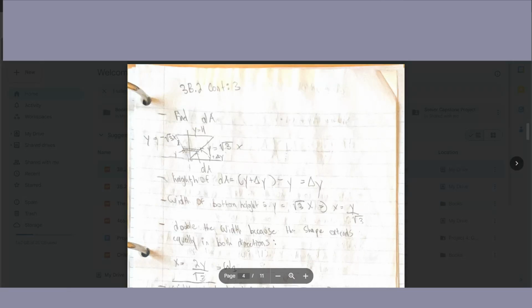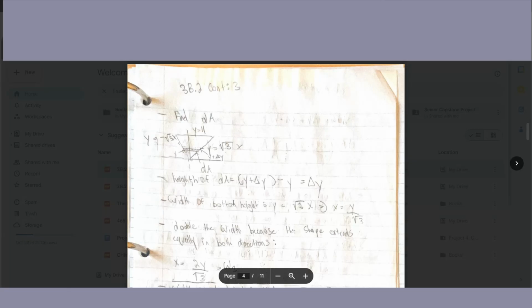And then you also have to find the higher width, because to find the area of a trapezoid, you take the average of the two widths and then multiply by the height, basically. So the width of the top height is y plus delta y equals 3x times 2. Solve for x, you get this, and then you multiply by 2 for the same reason, because it extends in both directions.